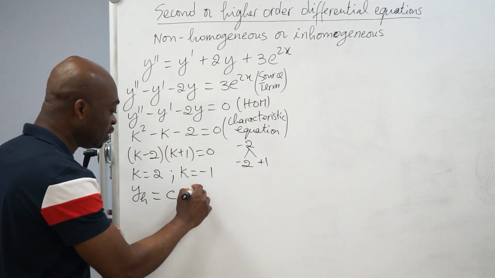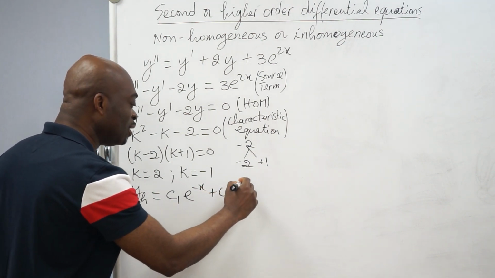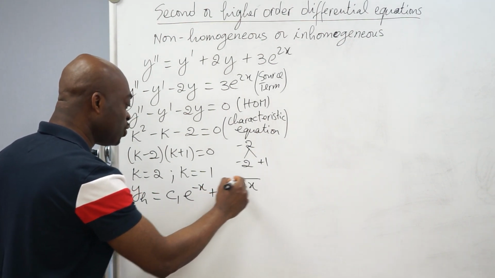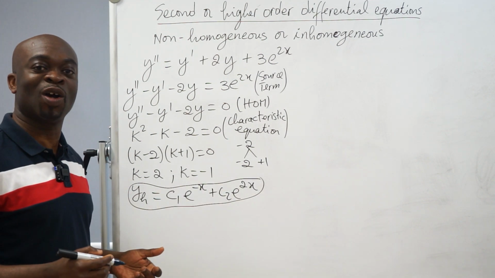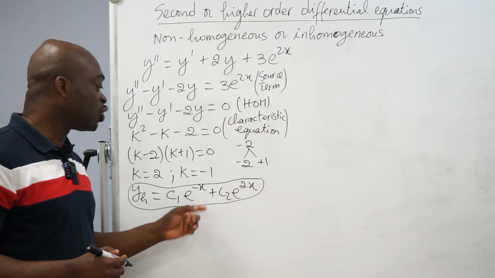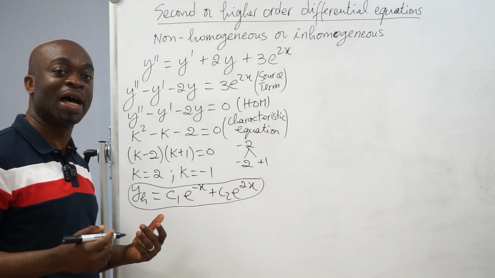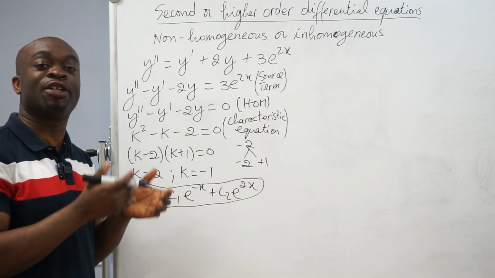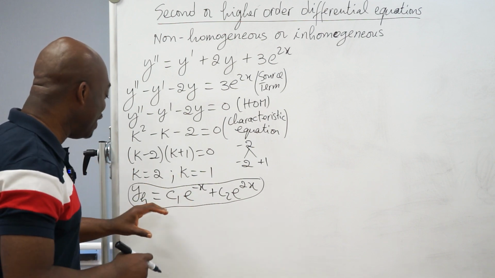C1 exponential -x plus C2 exponential +2x. So this is what we have for our homogeneous solution. Okay? So far, so good. Now, it doesn't matter which one comes first. The 2x could have been here, the -1x could have been on the other side. But for me, I just put them in order from the smallest to the largest. Okay? We good?